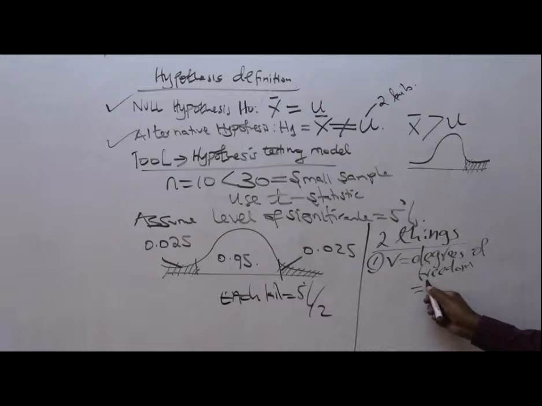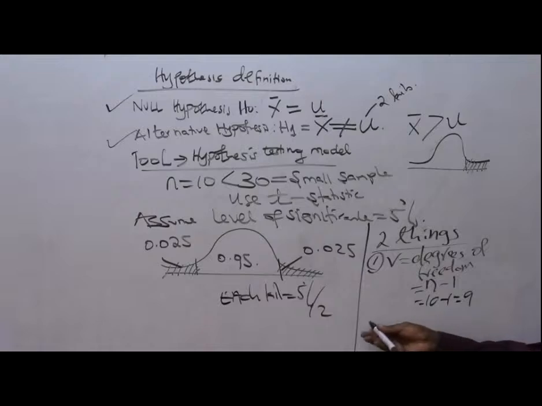To get degrees of freedom V, we normally talk of n minus 1. In this particular case, we're told n is 10. So it will be 10 minus 1, which gives me 9.